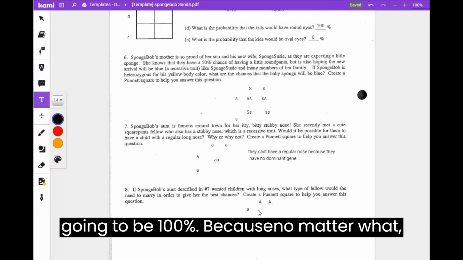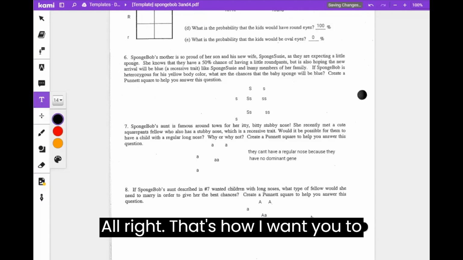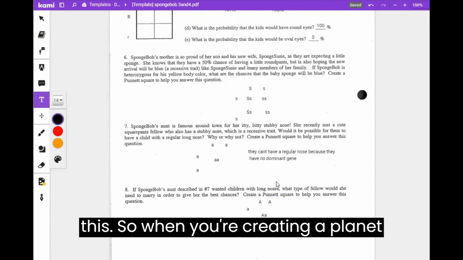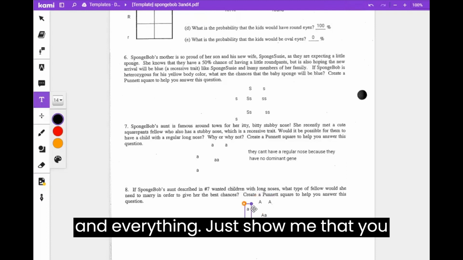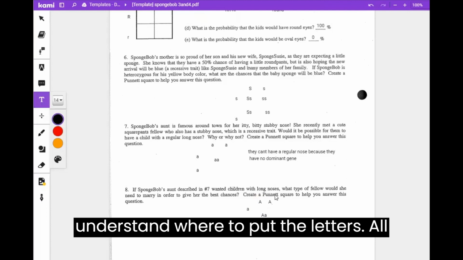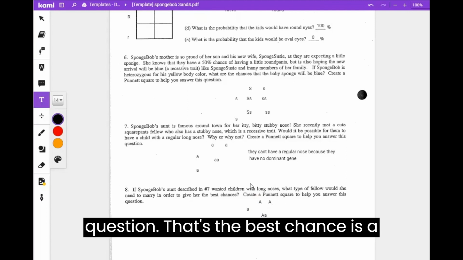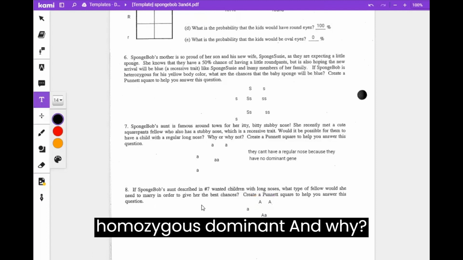Oh, no. That's going to be 100%, because no matter what, every child will have this, won't they? All right. That's how I want you to understand it. There's nothing more to this. So when you're creating a Punnett square, you don't have to draw the boxes and everything. Just show me that you understand where to put the letters. All right. So that hopefully answers the question. The best chance is a homozygous dominant. You can just write homozygous dominant and why.